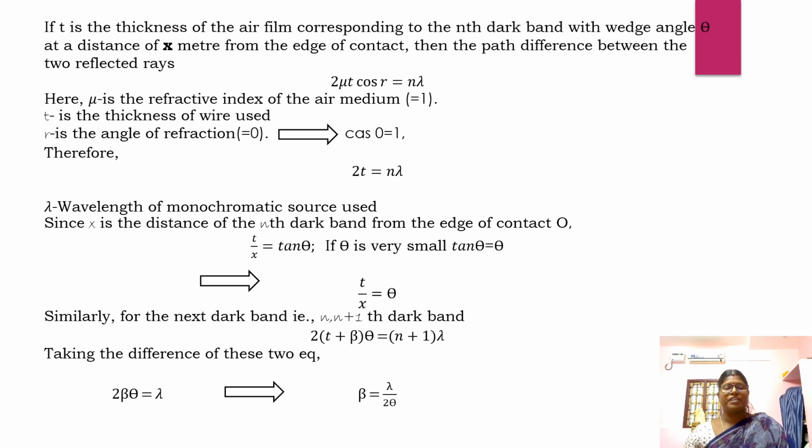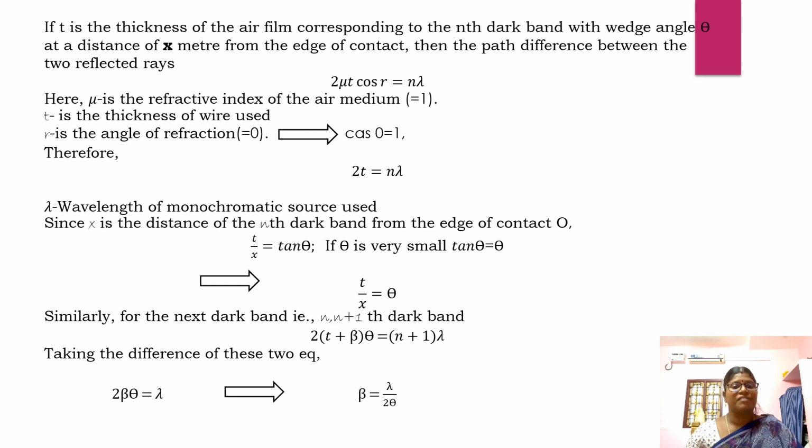Then the path difference between the two reflected rays is represented using the expression 2 mu t cos r equals n lambda. Here mu is the refractive index of the air medium. We are considering air medium, so the value of mu will be equal to 1.